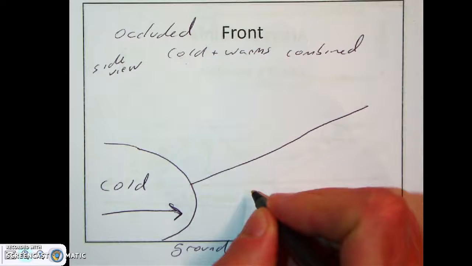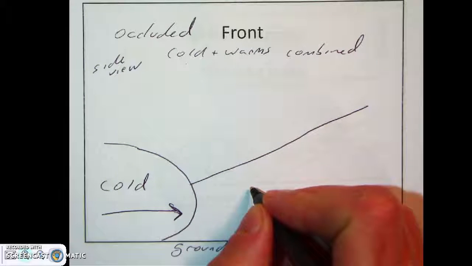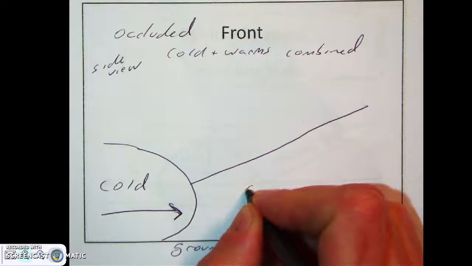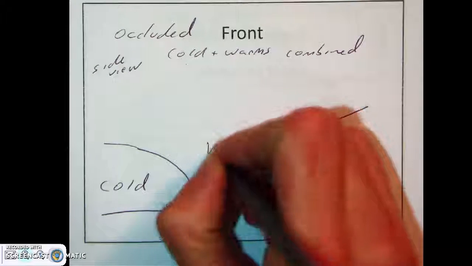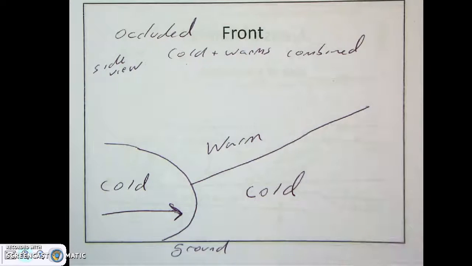And now we've got our cooler air, or our cold air here. And now our warm air has nowhere to go but gets pushed upward. Okay, so we basically have a combination of a cold front and a warm front together.